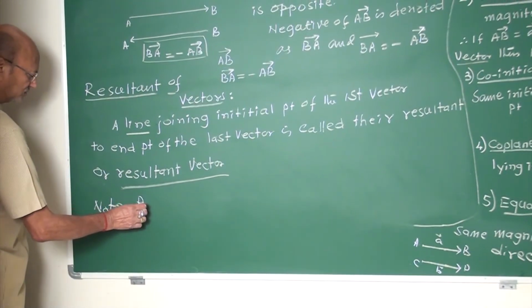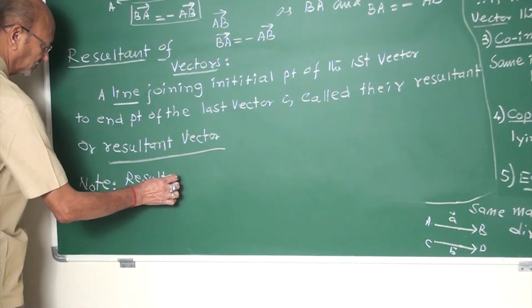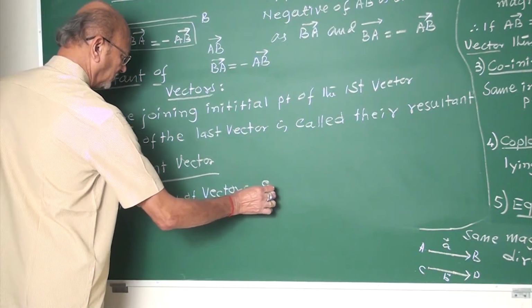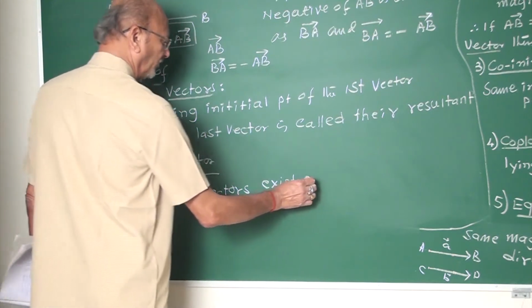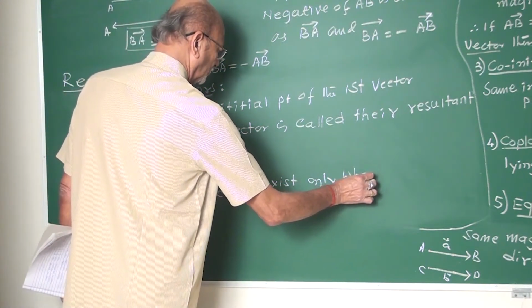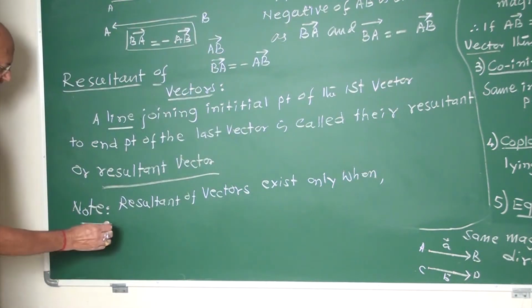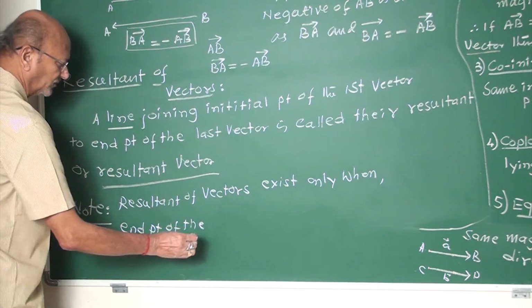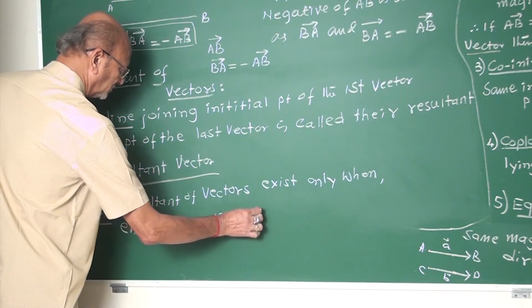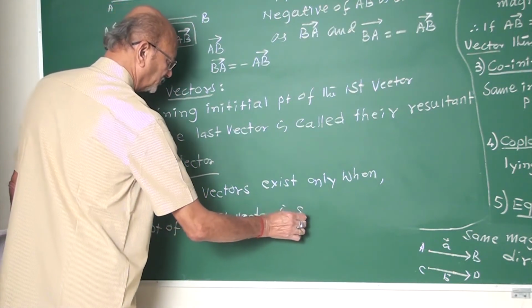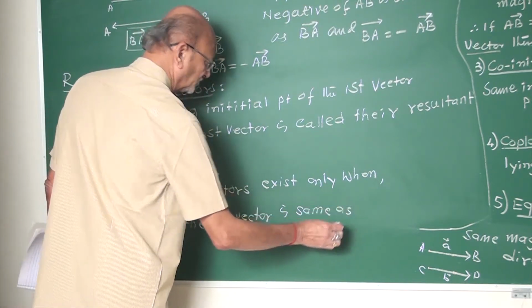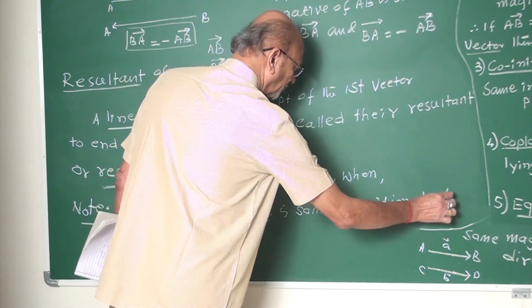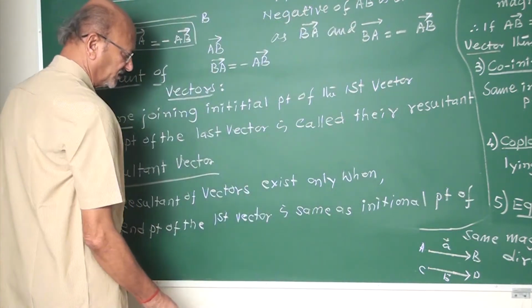Resultant of vectors exists only when end point of the first vector is same as initial point of the next vector.